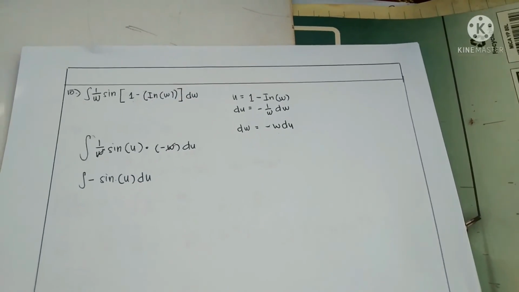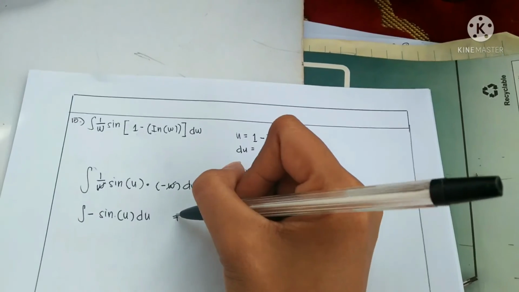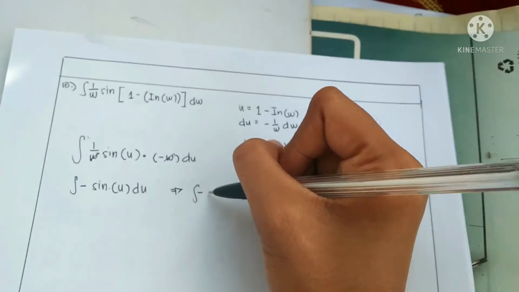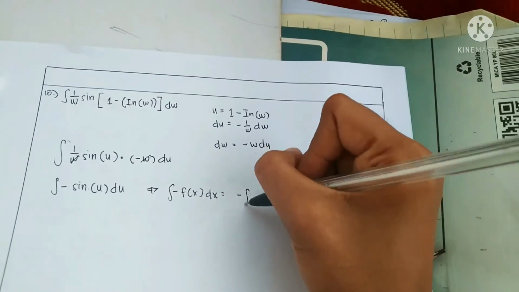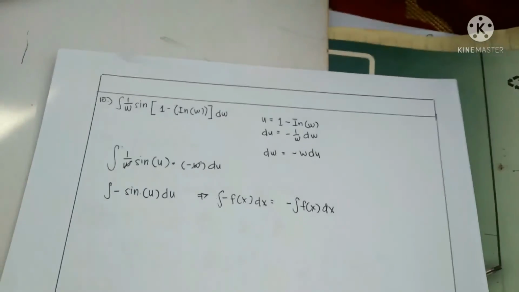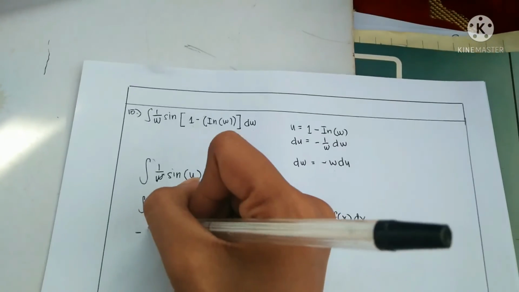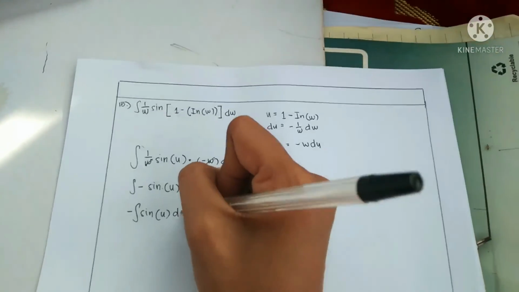So, next is we use the property of integral, which is negative integral of negative f of x dx is equal to negative integral of f of x dx. So, ilalabas natin yung negative dito. So, the negative integral of sine u du.